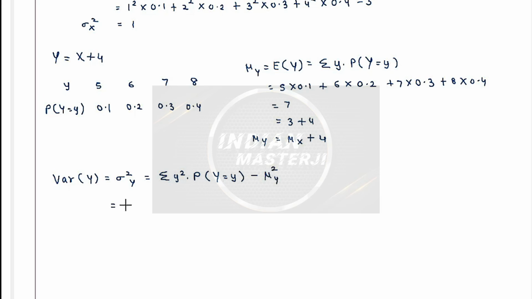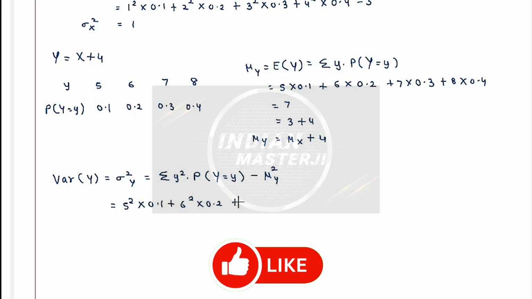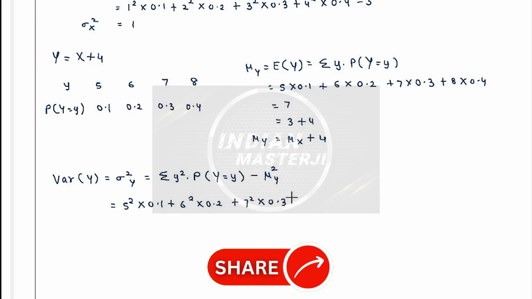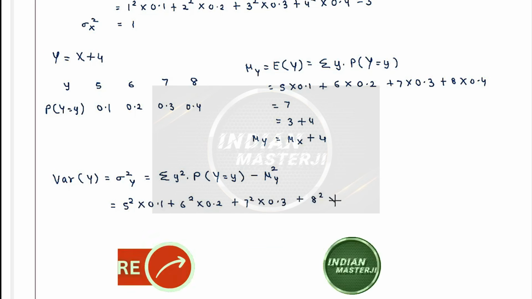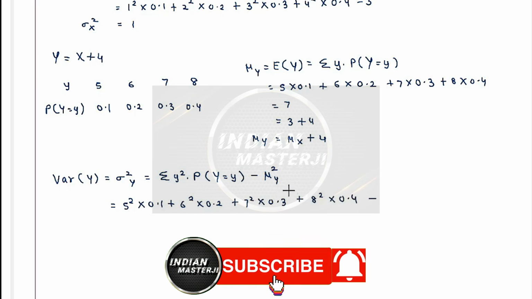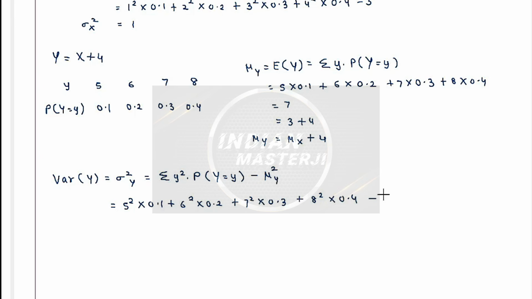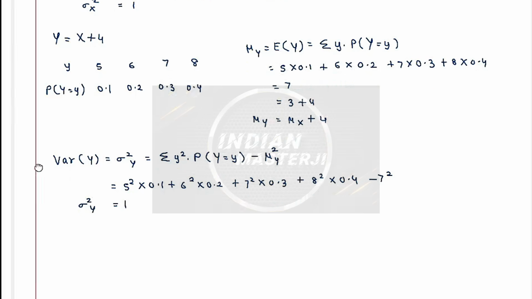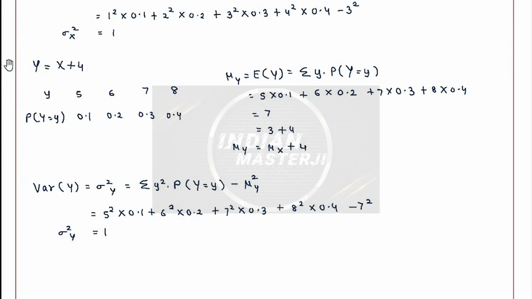So this will be equal to 5 square into 0.1 plus 6 square into 0.2 plus 7 square into 0.3 plus 8 square into 0.4 minus mu y square, so that is 7 square. If I solve this, I get this value as 1. So that means sigma square y is basically 1. This is actually equal to sigma x square, correct?